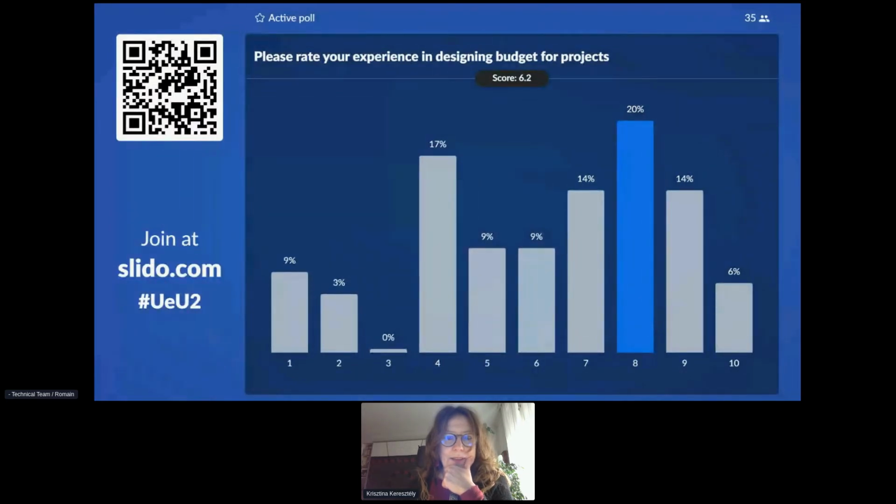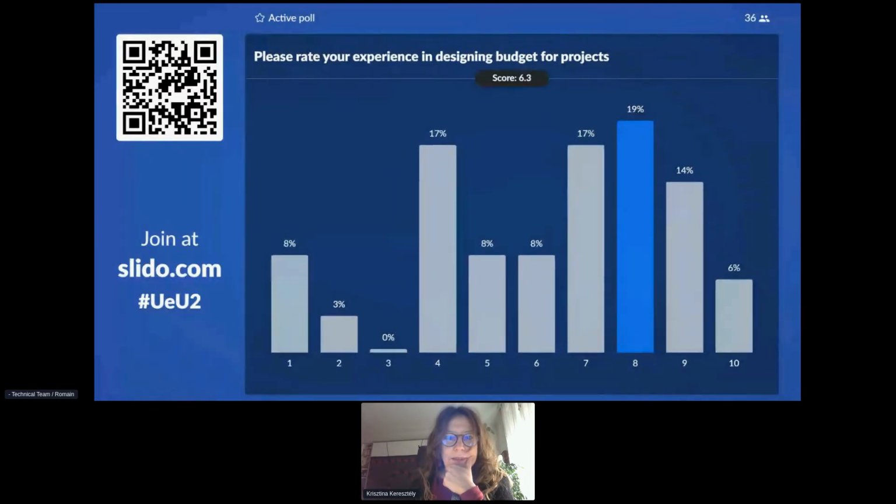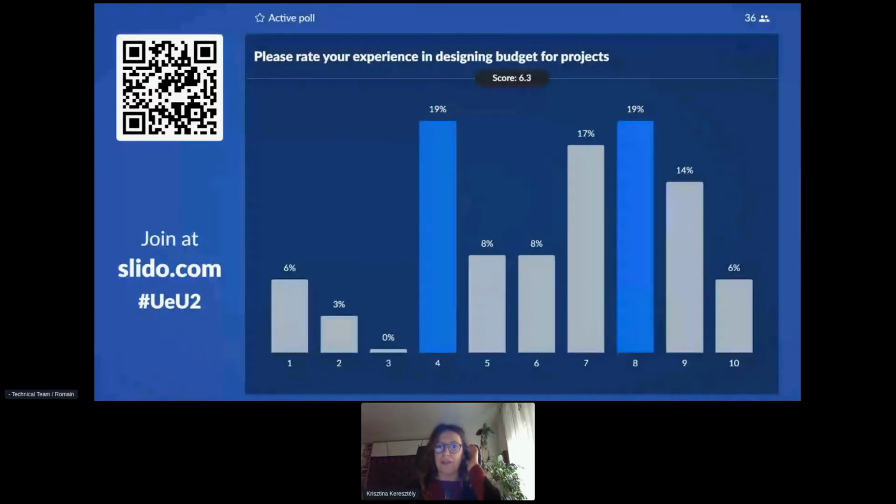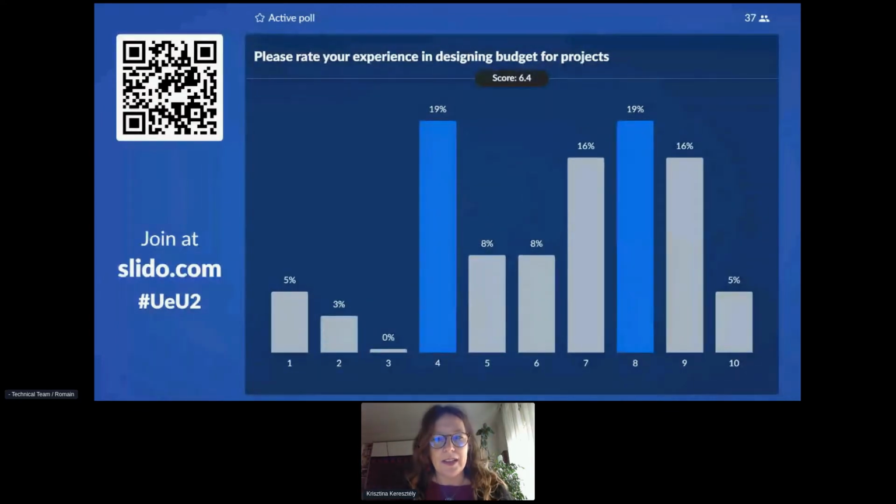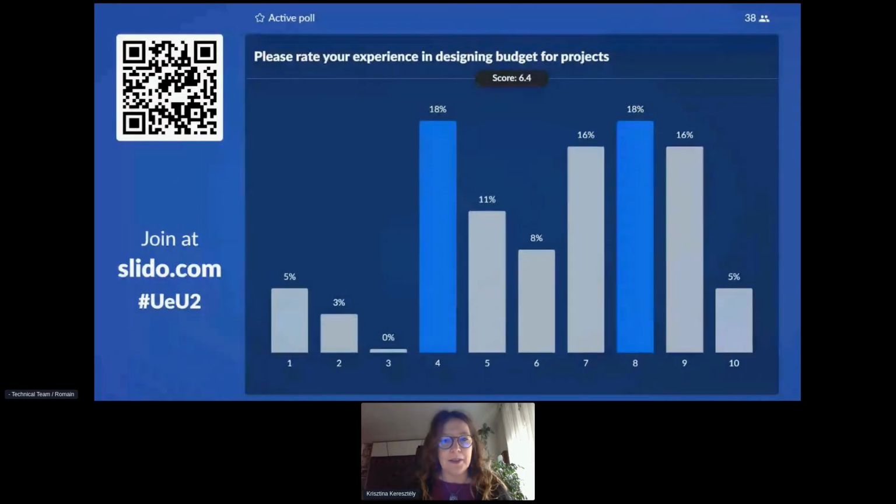But globally, you are really in the middle, so you consider that you know costing and project budgeting. Thank you very much for this. It is good information for us to see that we know a lot about budgeting, but we could also know more.